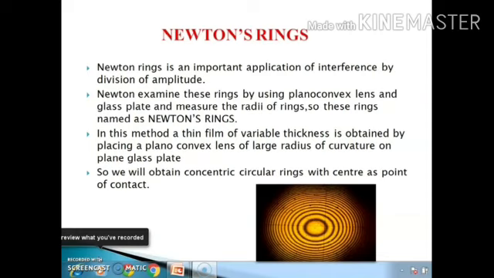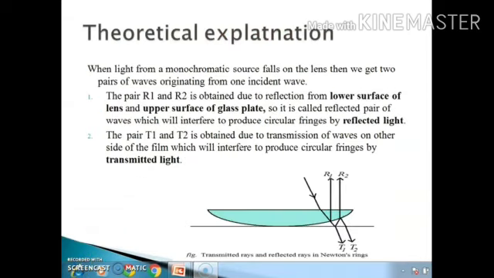Now I will explain how these rings are formed. I will explain it theoretically. When you use a monochromatic source of light and the light is made to fall on this air film which is produced between the plano-convex lens and the glass plate, what will happen to this incident wave?